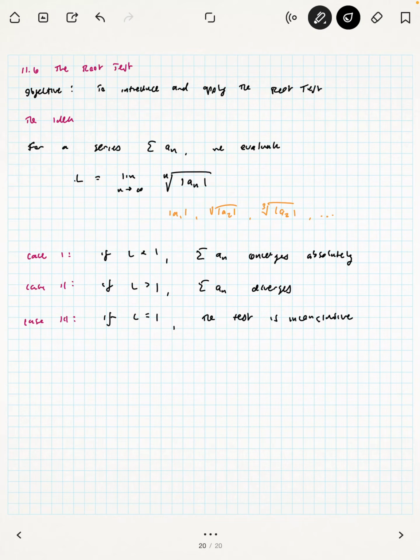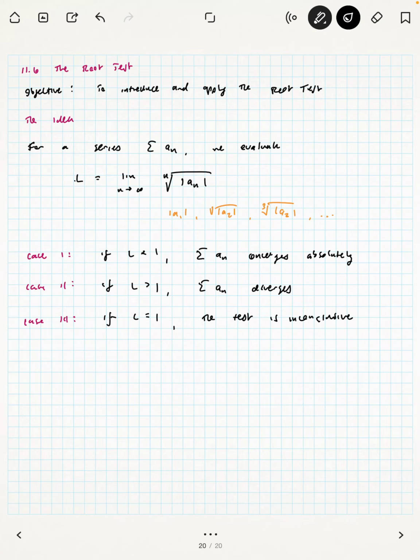And we can use the same examples as we did in the previous video to see why this must be true, right? So the harmonic series, for instance, you'll notice that the L will equal 1 because you'll get 1 over the nth root of n.